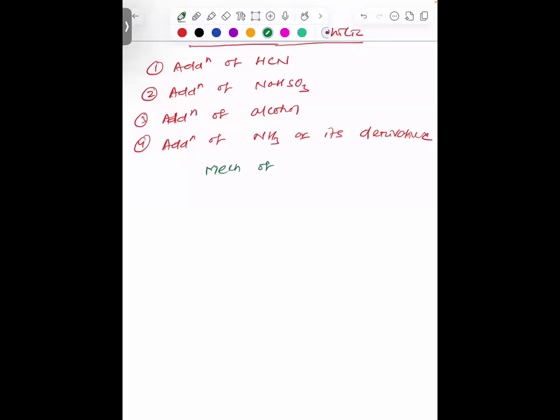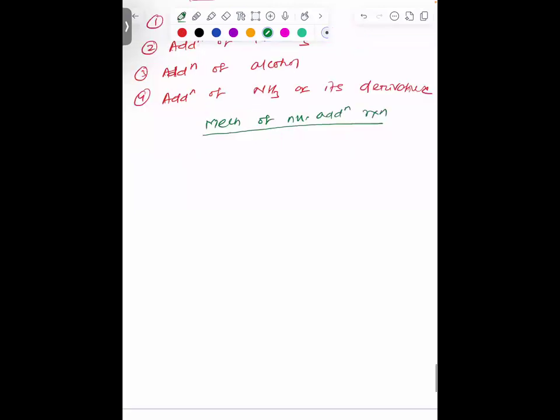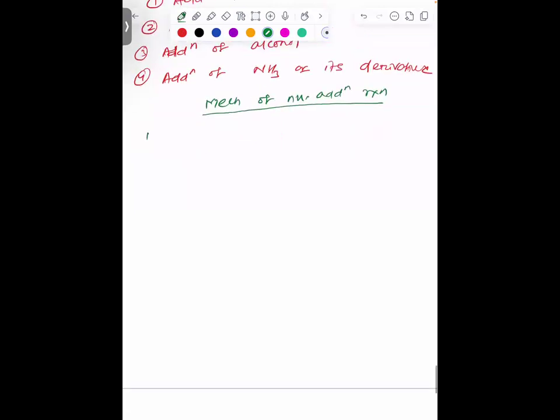Before discussing these addition reactions, what is the general mechanism of nucleophilic addition reaction? This mechanism will be applicable to all addition reactions. First step is formation of the nucleophile.